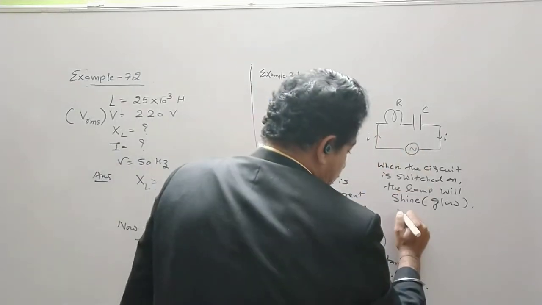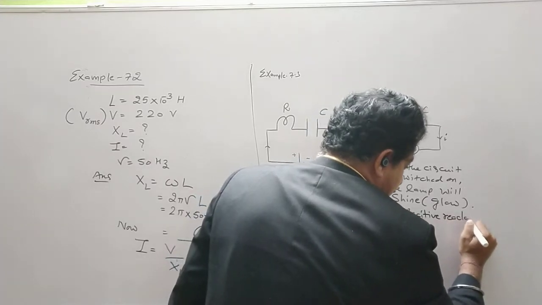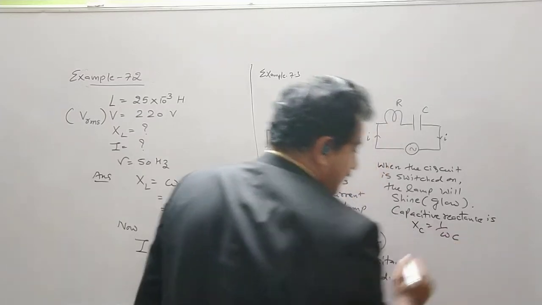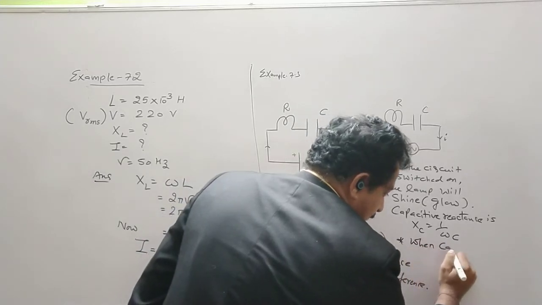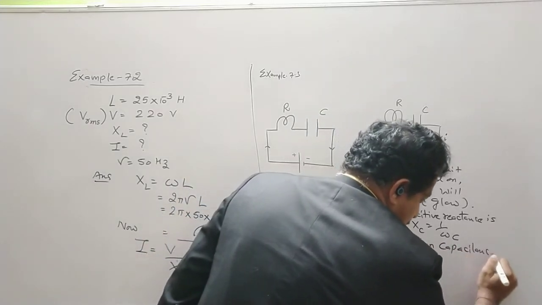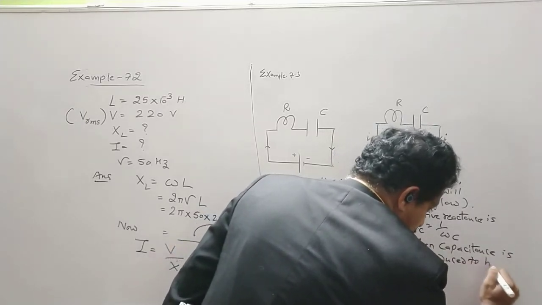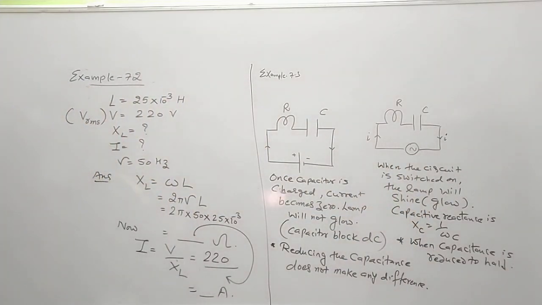In this circuit, the capacitive reactance is Xc equal to 1 by omega C. When the capacitance is reduced to half, the capacitive reactance will increase.